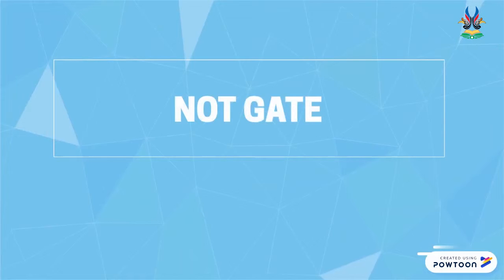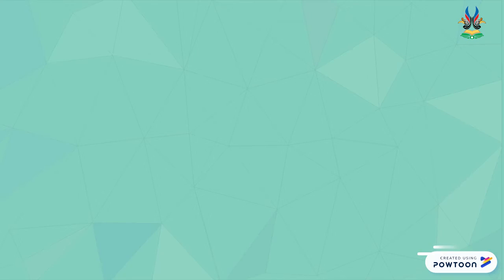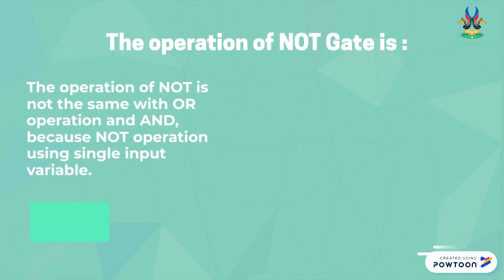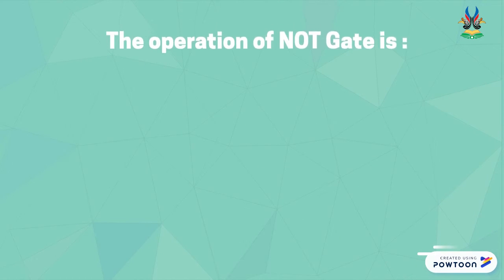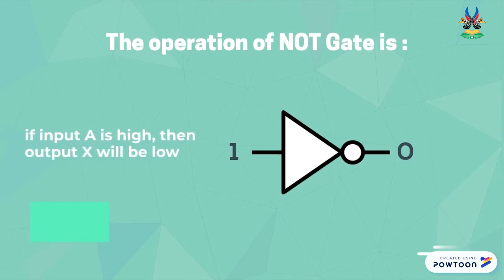Third is the NOT gate. The NOT operation is not the same as the OR and AND operations, because NOT uses a single input variable. The operation of NOT is: if input A is high, then the output X will be low.